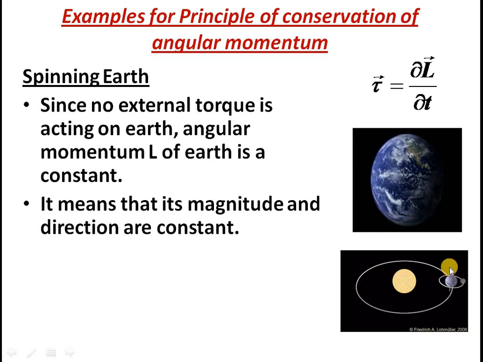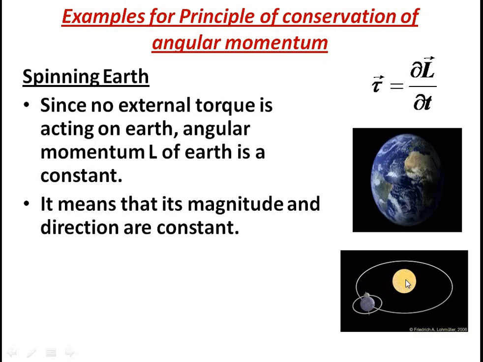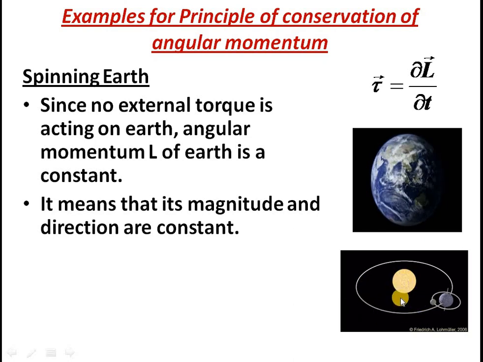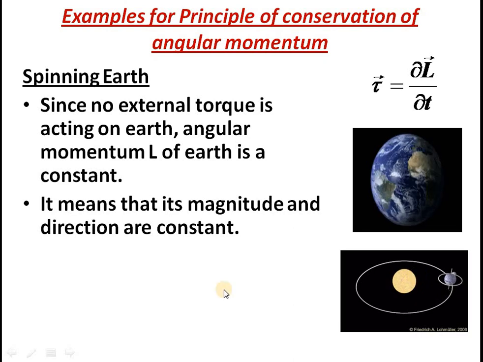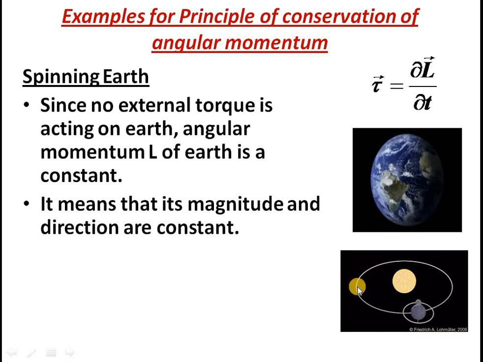First, it is revolving in a plane, and secondly, it's a product of mass and distance. The distance between the center of the Sun and Earth is varying, but this product is always constant. So you can apply the conservation principle on both the rotational motion as well as the revolutionary motion around the Sun.